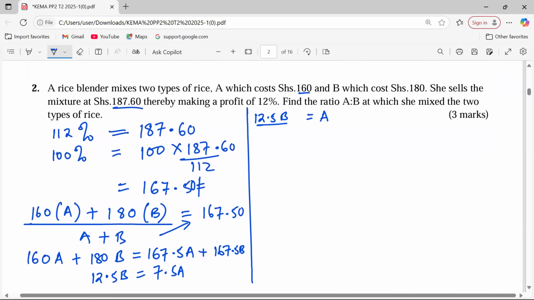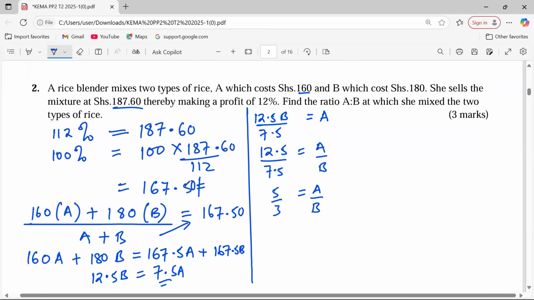It's already having a B here over 7.5, which had multiplied A at this point. So this means, again, for me to remain with 12.5 over 7.5, I have to divide through by B. So that A now is divided by B that way. So A over B is the same as, when I divide this by 7.5, you see now I'm getting 1 2/3, which means 5 over 3.